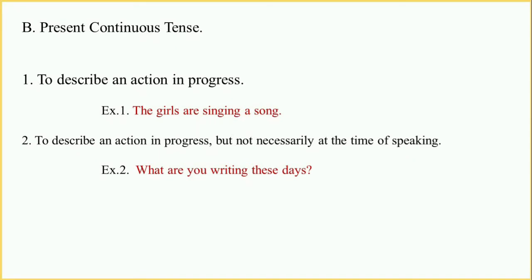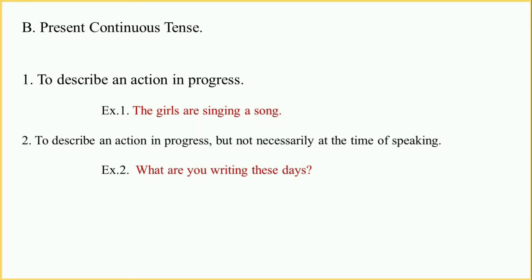Present continuous tense is used to describe an action in progress or the continuity of the action in present time. As in example 1, the girls are singing a song. The action of singing is in progress at the time of speaking.